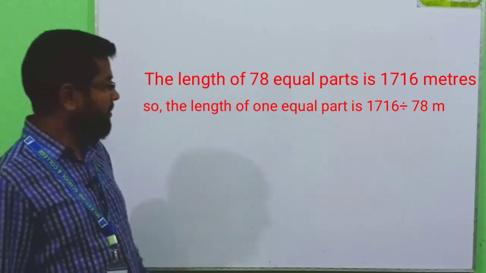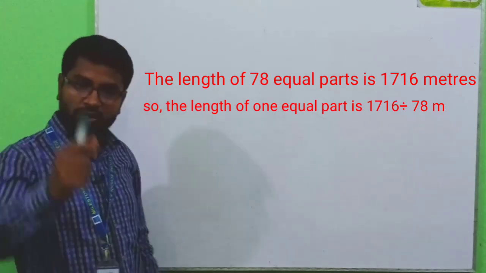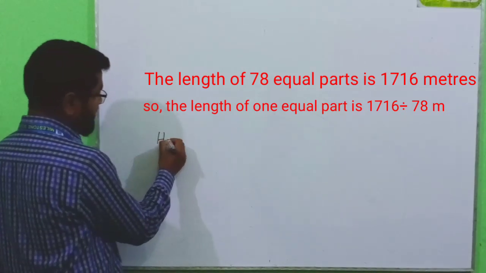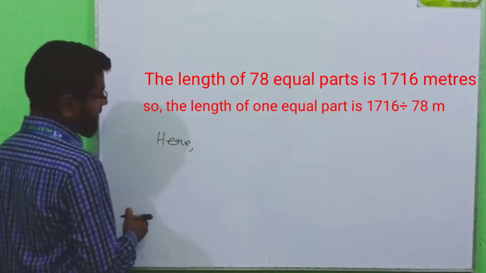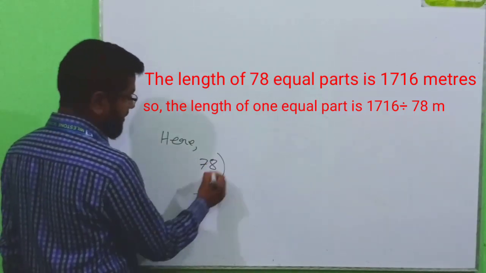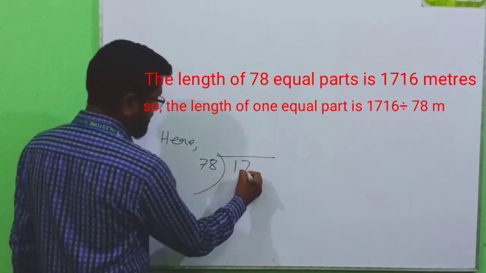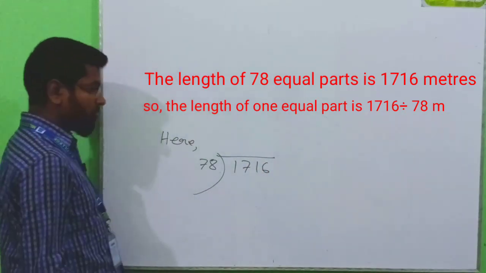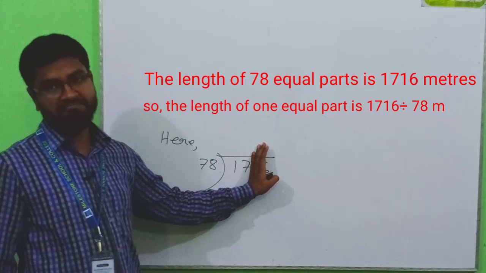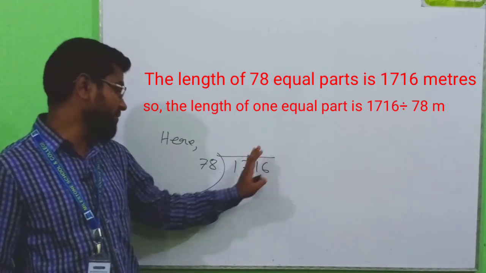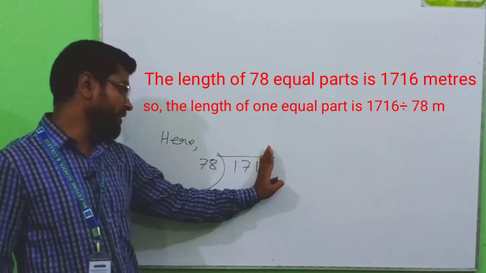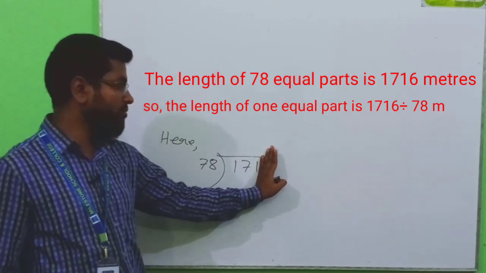We need to divide it. Go to our work. You will write here, then we will write 78 divided by 1716. How many times will it go? 2 digits, we will take 2 digits. Not possible, it is 17. It is smaller. Then go for the next one. Yes, it has become bigger: 171.